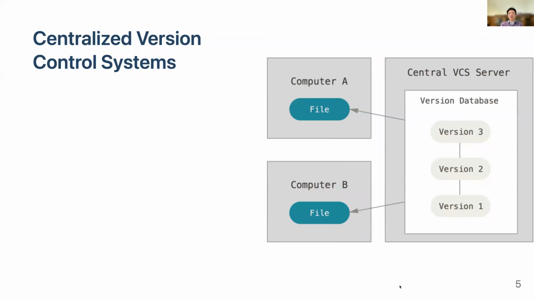So this is mostly for the shared access to the version history of the document, which can be useful when you say have a team working on the same code or same document. So you still have this version database, stores different versions of the same file, and then each user can access this version database from their computer.